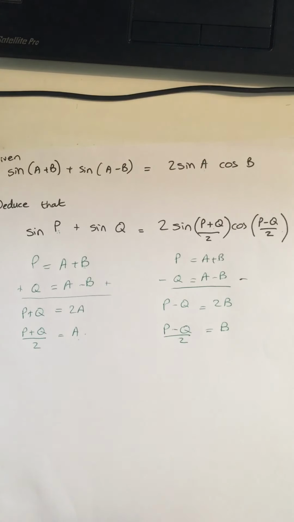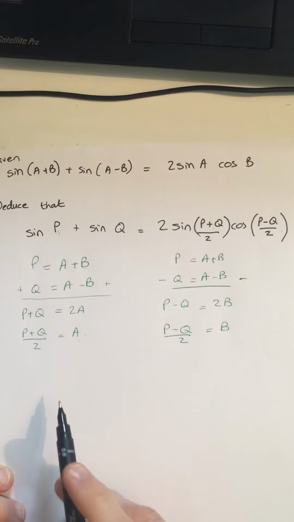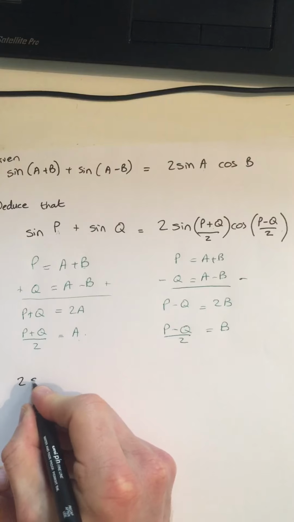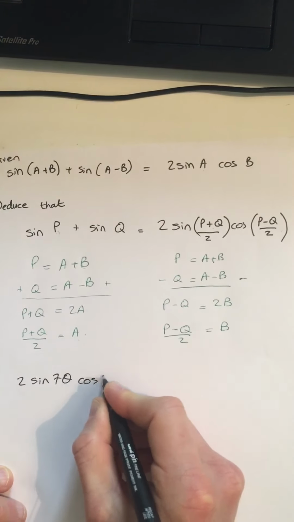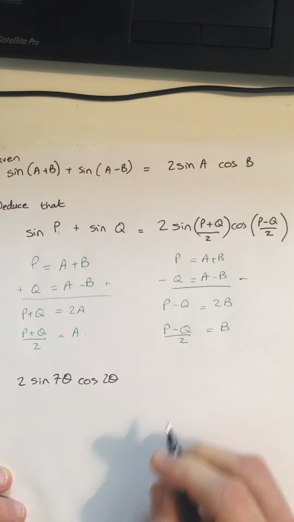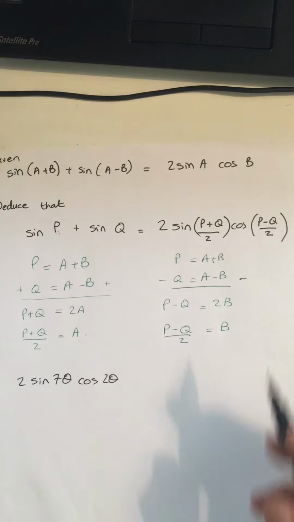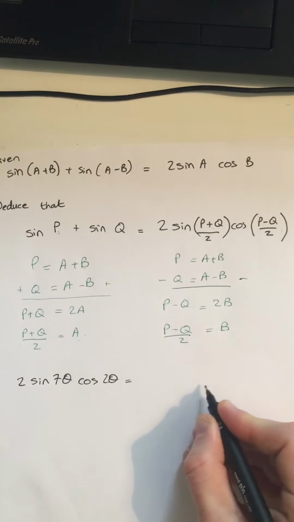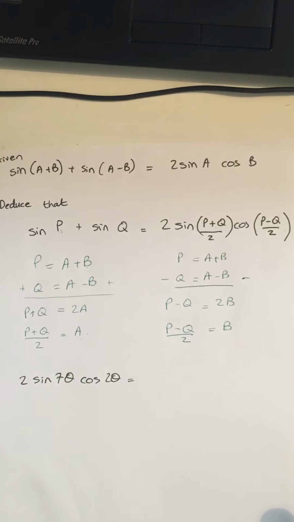Part C of the question said we wanted to use our results here to show that 2 sine 7 theta cos 2 theta, we wanted to be able to write this as the sum of two sines. So I'm using my results, and I want to be able to write this as sine something plus sine something else, the sum of two sines.